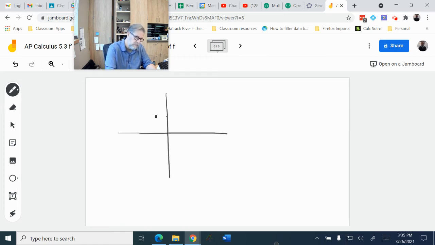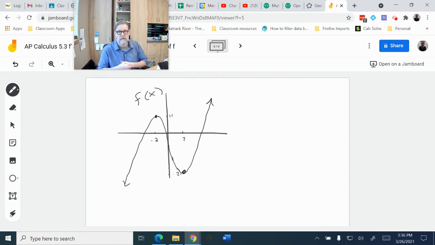Negative 2, 11, positive 2, negative 21, and this is the graph of f of x.